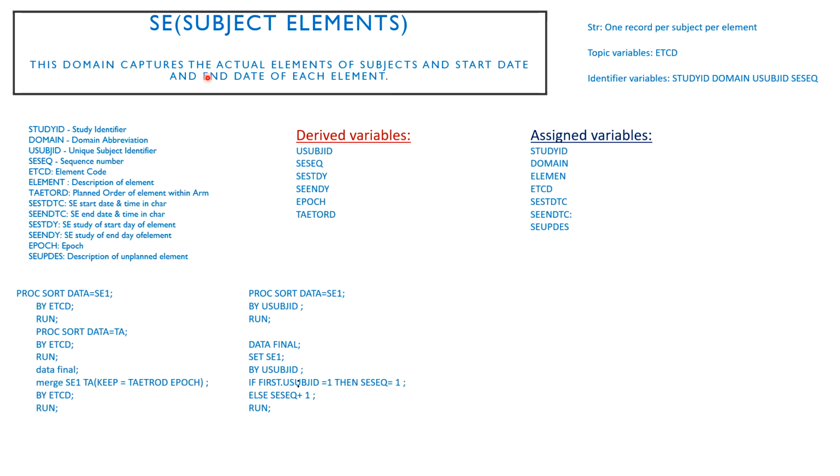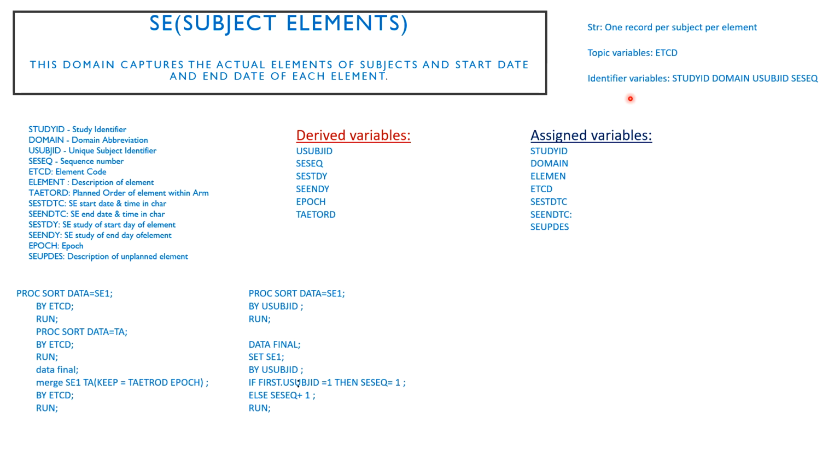SE domain. SE is nothing but subject elements. This domain captures the actual elements of a subject and the start date and end date of each element. First of all, what is an element? An element is something like screening, randomization, treatment, follow-up. The structure of the SE domain is one record per subject per element.